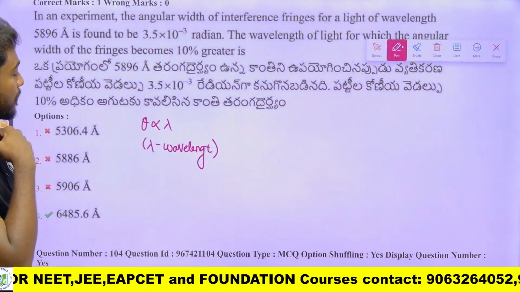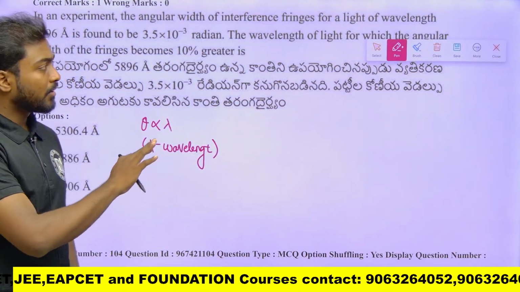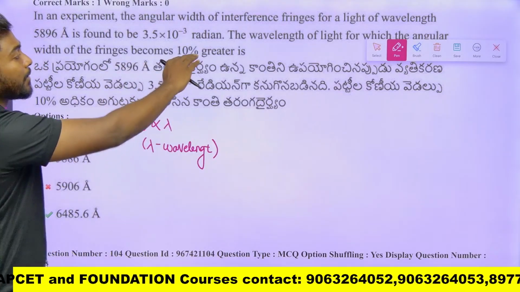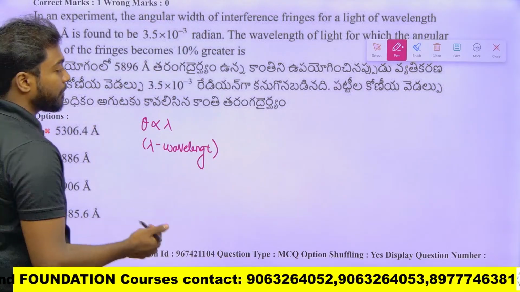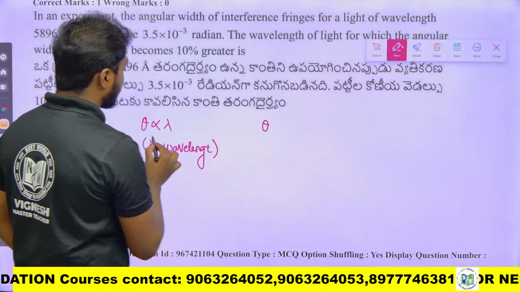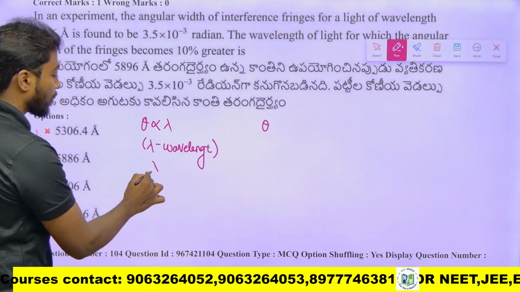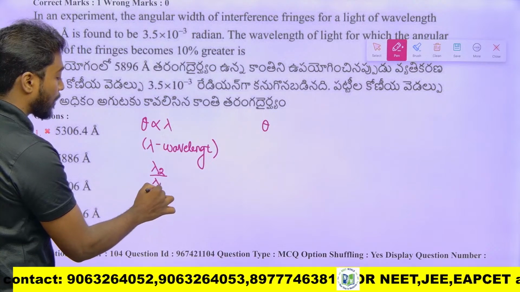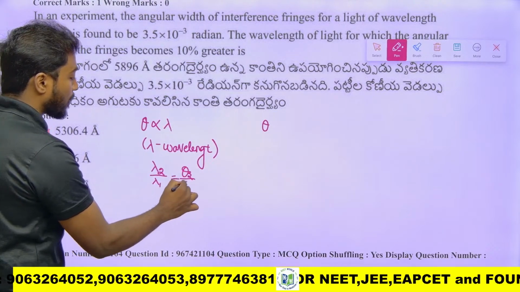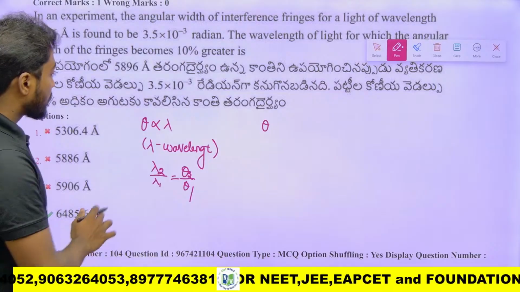So, initially theta is given as it is, but later theta becomes 10% greater. This is theta 1, let me take, like we need lambda 2 by lambda 1 equals theta 2 by theta 1.